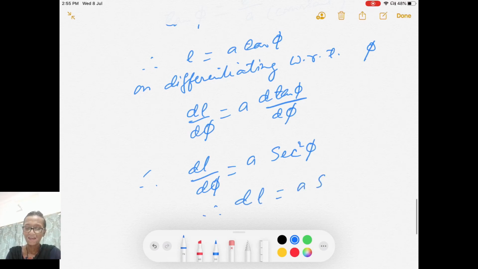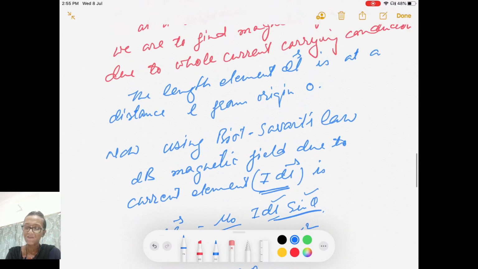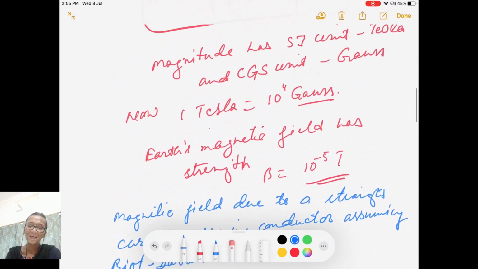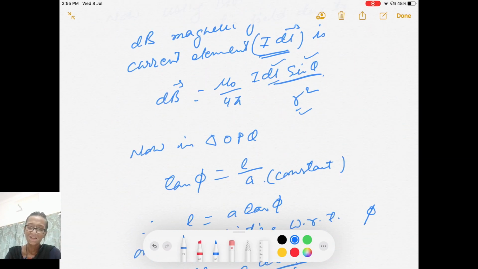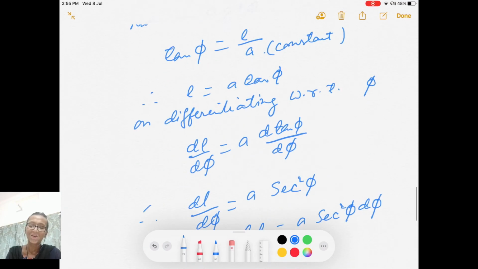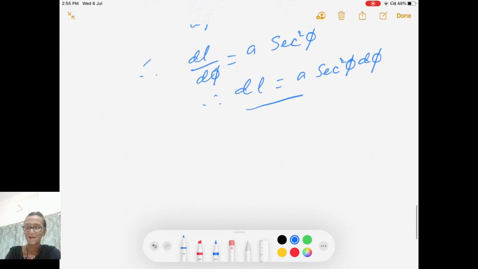Therefore dL comes in terms of A sec square phi d phi. So one thing I obtain, dL. Now let me find sine theta and r square.